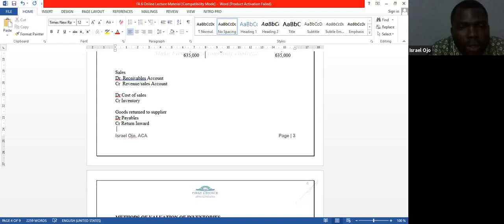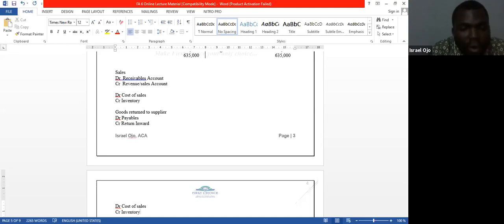So for the second leg now, you debit your cost of sales, then you credit your inventory because you are reducing your inventory. So you credit your inventory.